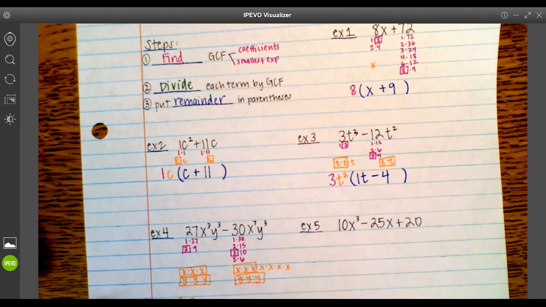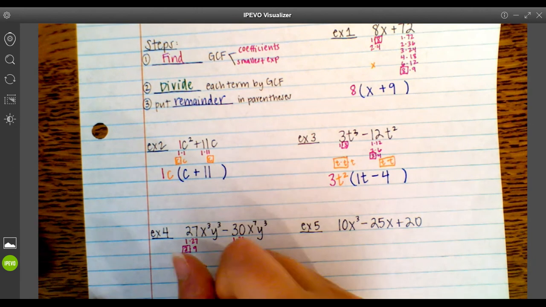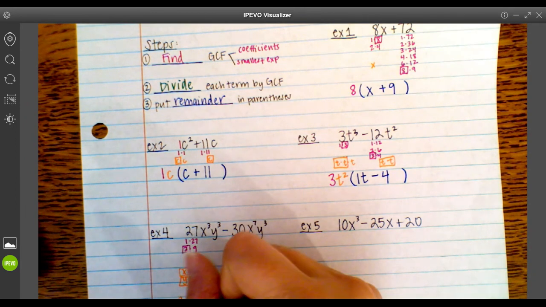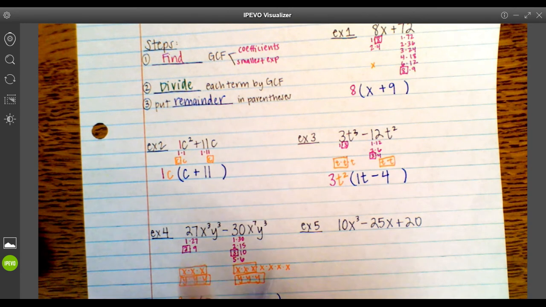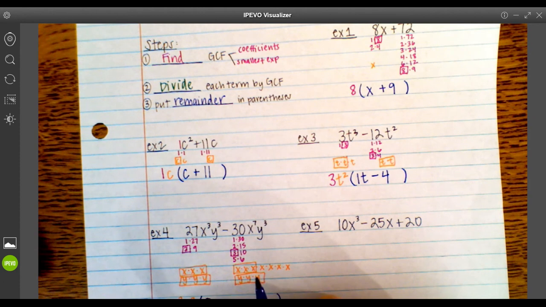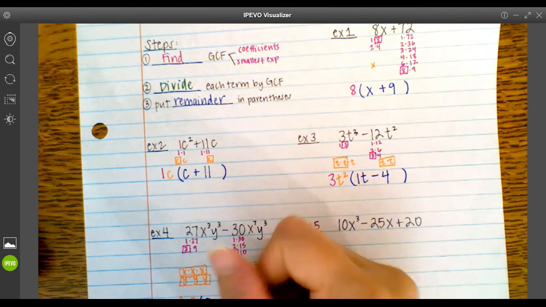Now let's look at our remainder. How much is left after we take out 3x cubed y cubed? So 27 divided by 3 is in fact 9. We have already pulled the x cubed out, and we pulled the y cubed out. So we will no longer have any variables as our remainder from the first piece.